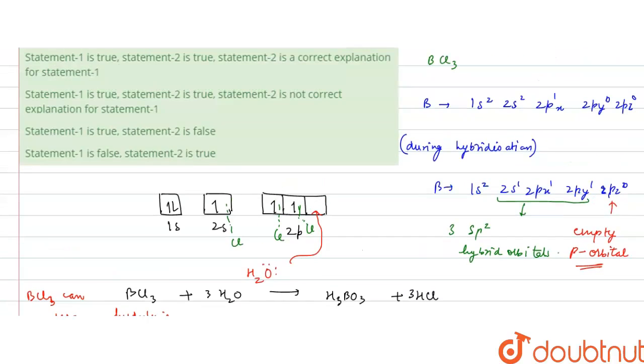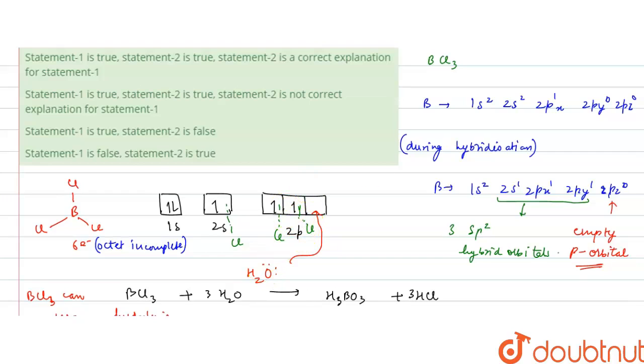In the case of BCl3, its octet is incomplete because there are only 6 electrons. So it can react with H2O, that is, it can accept the lone pair of electrons from oxygen.